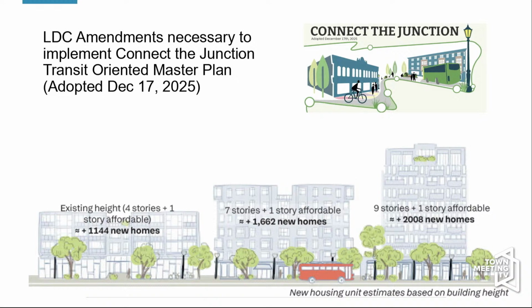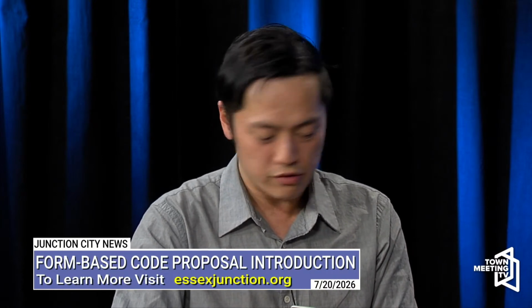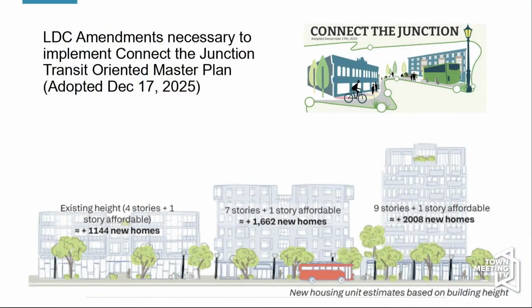To test what that looks like, our consulting team for Connect the Junction ran a capacity analysis on the area under different height limits. Under the existing limits, 4 stories with the 5th story allowable for affordable housing developments, this area would be able to accommodate about 1,144 new homes by 2050. If we raise that to 8 stories, with the 8th story being tied to affordable housing, we're talking about 1,662.